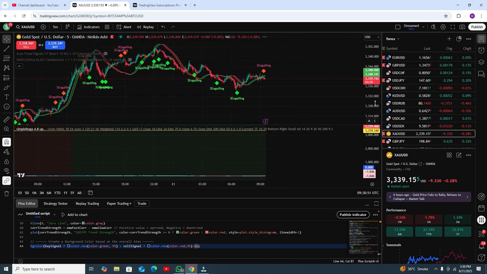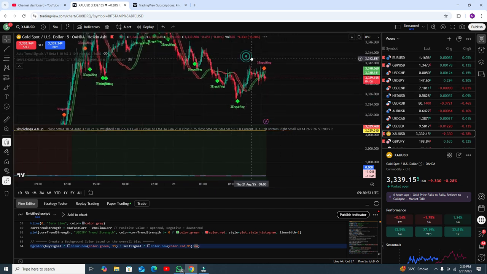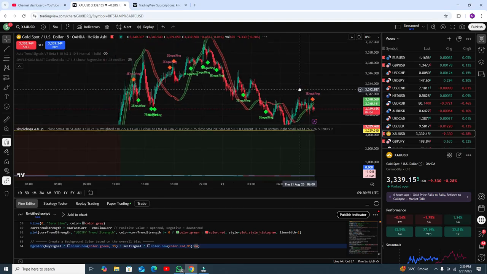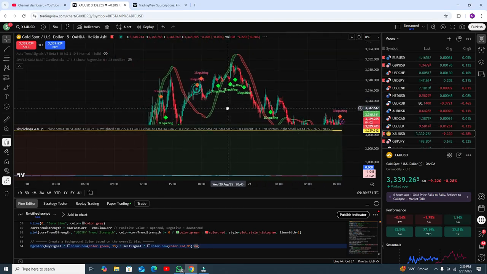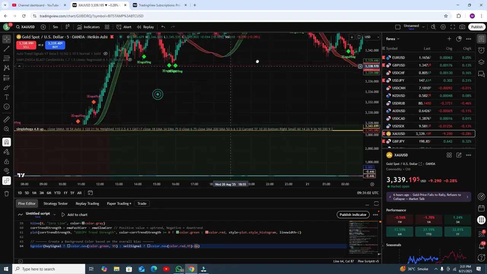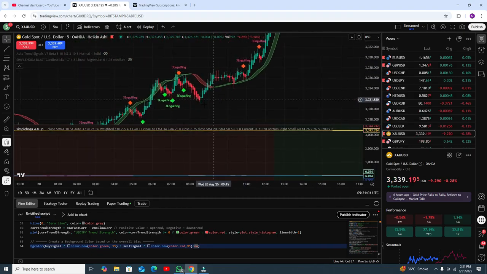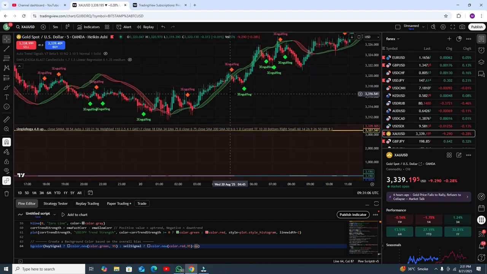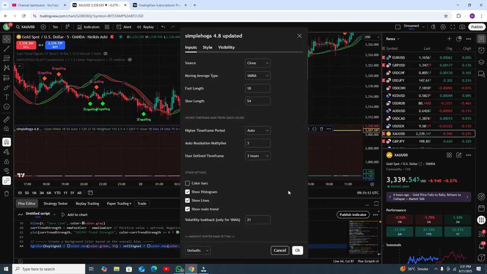There are some fake signals and there are some good signals as well. You can see this one, not a bad one at all. The signals look like this, not so much perfection. That's okay, but you need to focus on the RSI and the histogram.